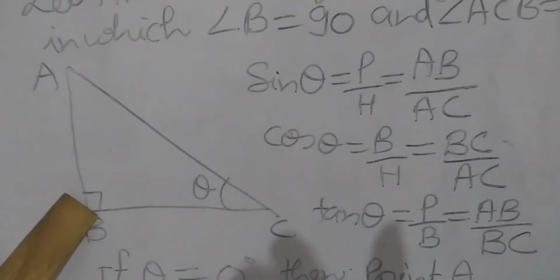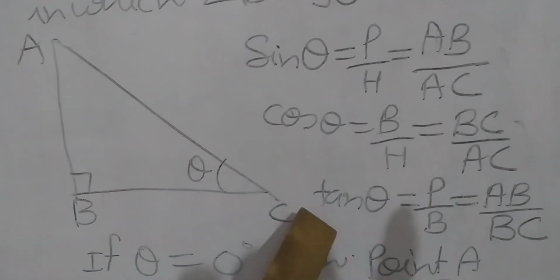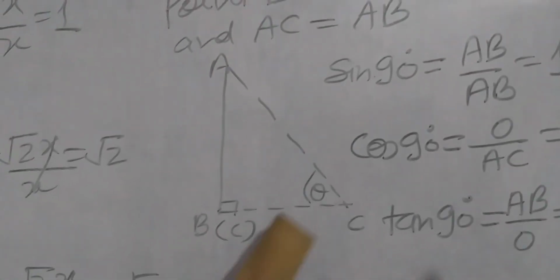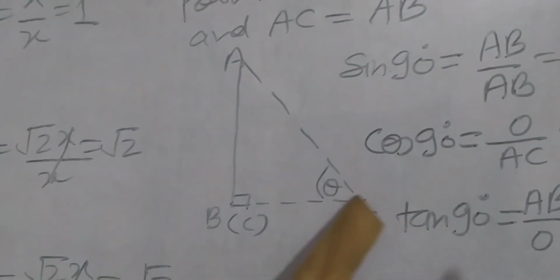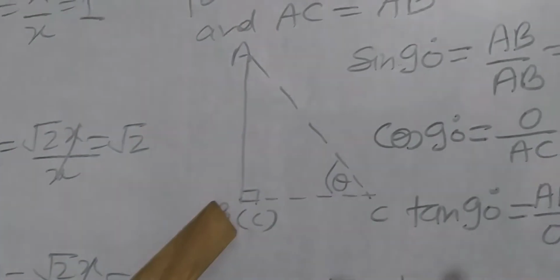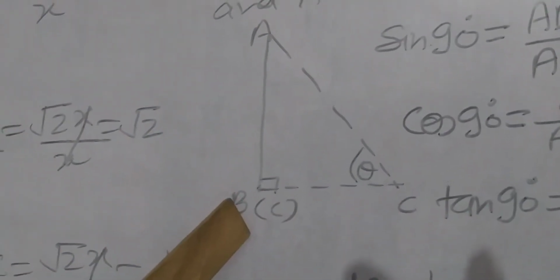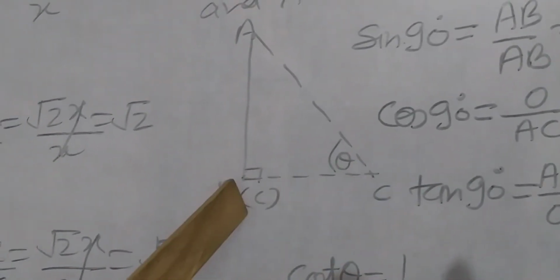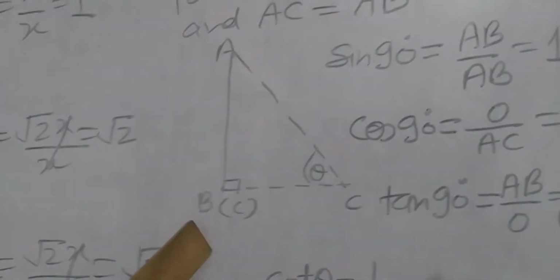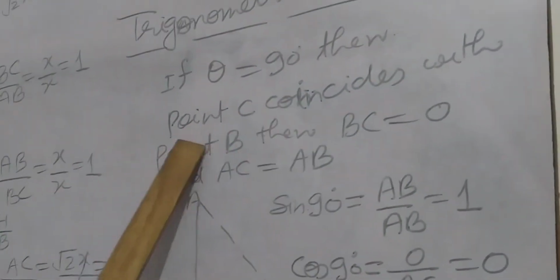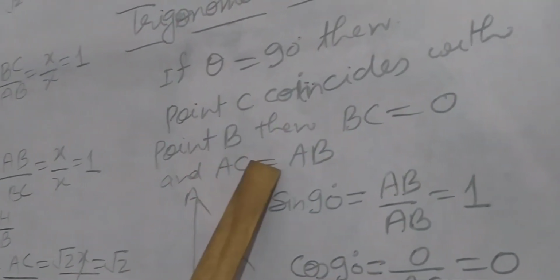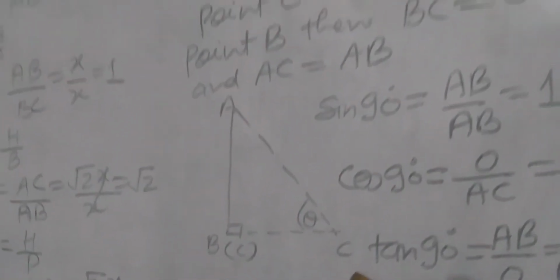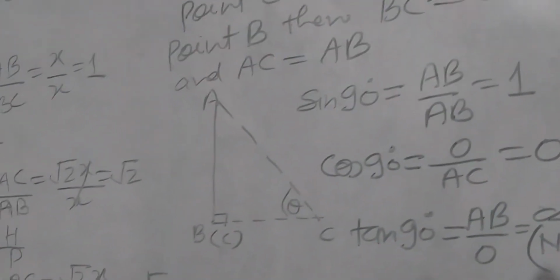AC will be AB and BC will be 0, correct, and C point will come at B. So students, if theta equal to 90, then point C coincides with point B. Then BC equal to 0 and AC equal to AB.